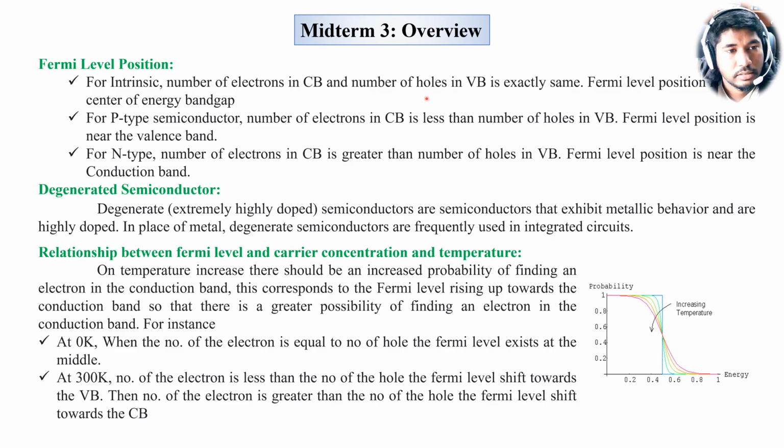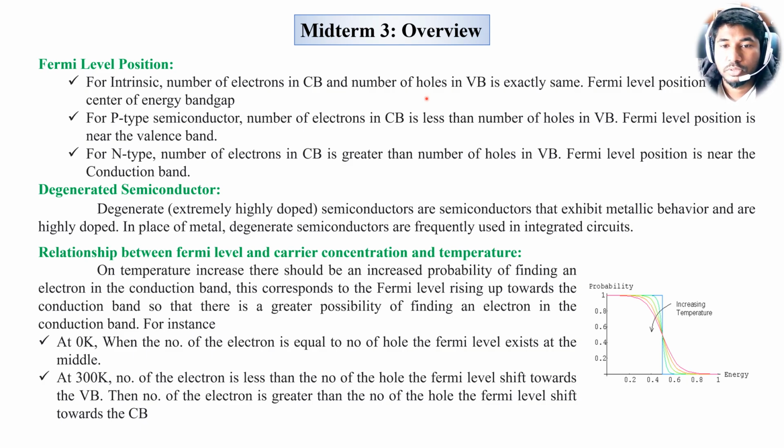The next is degenerated semiconductor. Actually, what is degenerated semiconductor? It is extremely highly doped semiconductor, and it is used in place of metal in integrated circuit, right? Now, relationship between Fermi level, carrier concentration, and temperature. On temperature increase, there should be an increased probability of finding an electron in conduction band.